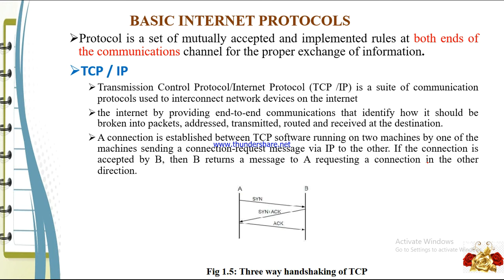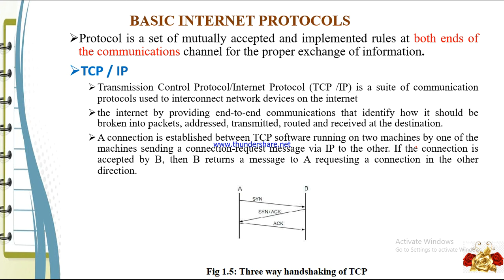For example, user A and user B. User A wants to send data from A to B. Before that, first A sends a synchronous message to B. B receives the synchronous message and then sends an acknowledgement: I have received your message.